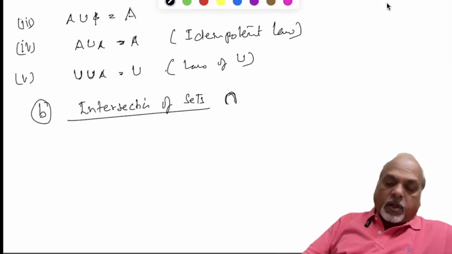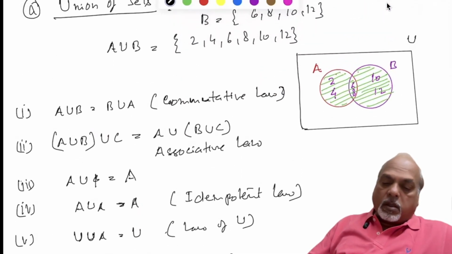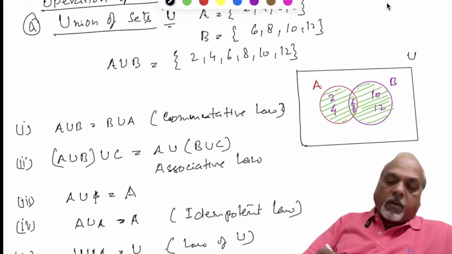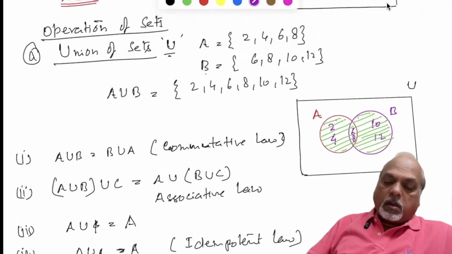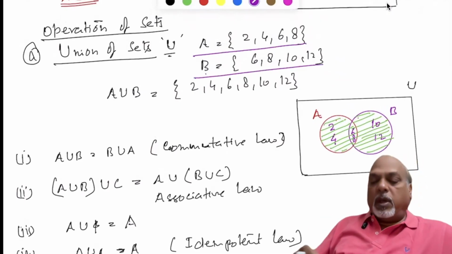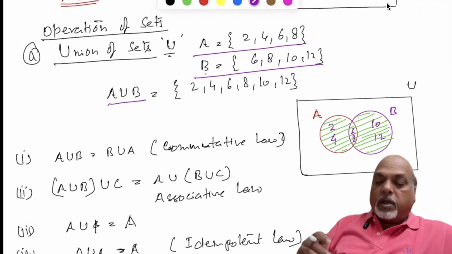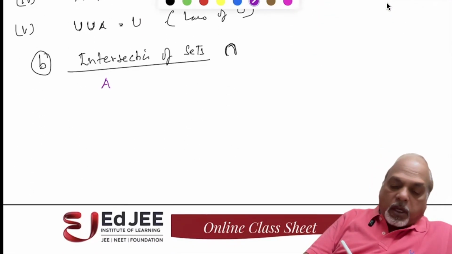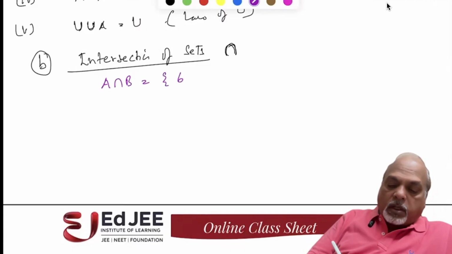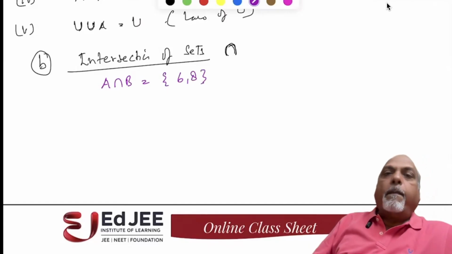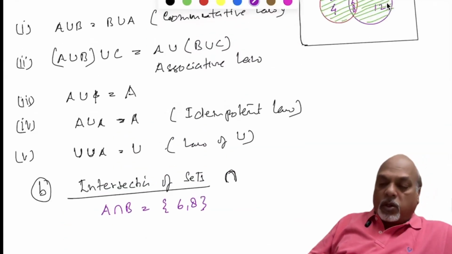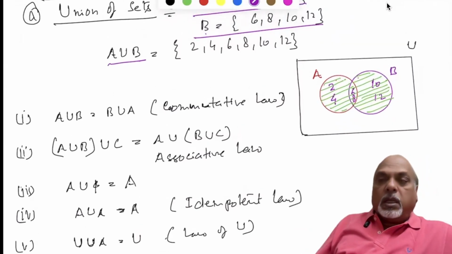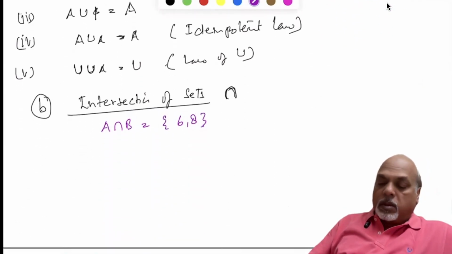Suppose in this example, A is this and B is this. We have found A union B. But if we find A intersection B, then it will be nothing but 6 and 8, because only the elements 6 and 8 are common to them.